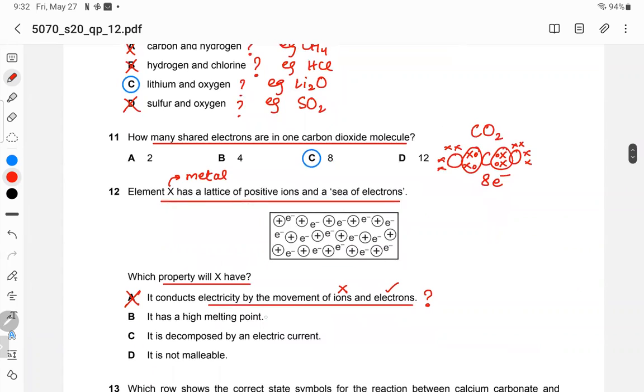It has a high melting point. Is this statement correct or wrong? Correct. But let me confirm the other ones. It is decomposed by an electric current. That is completely wrong. An electrolytic compound can be decomposed by an electric current, but X is an element, so an element cannot be decomposed by electric current.